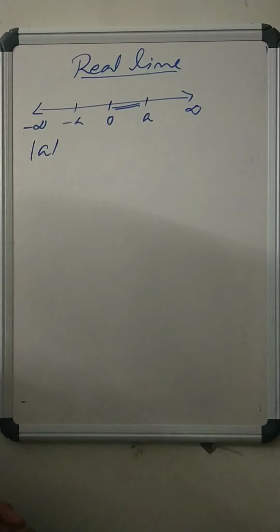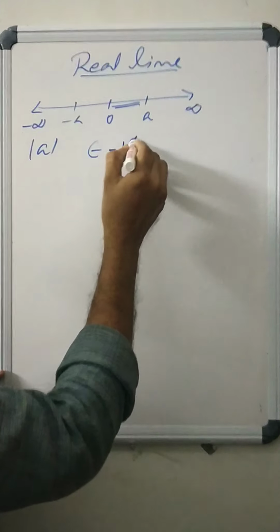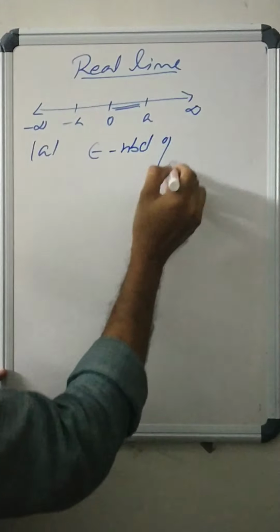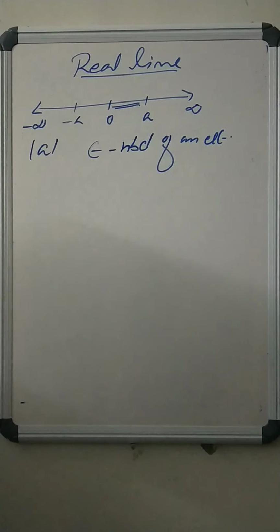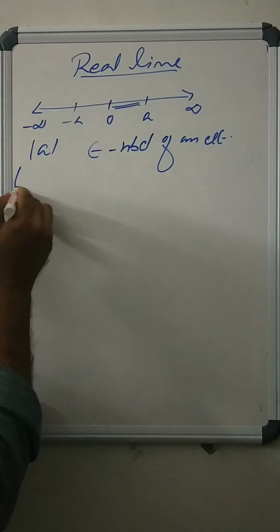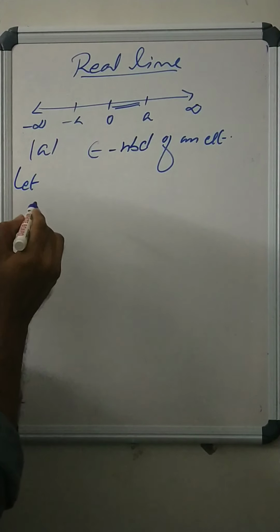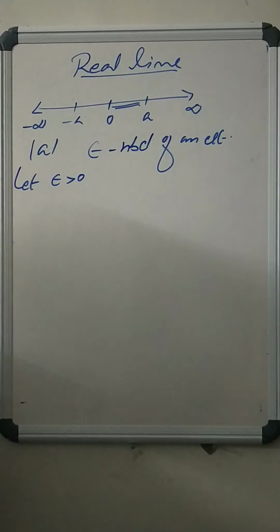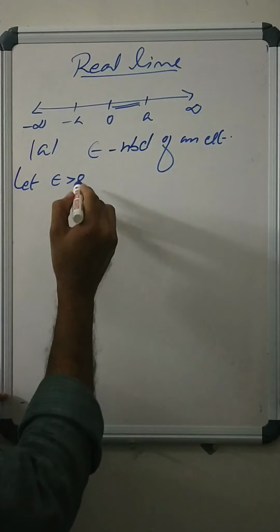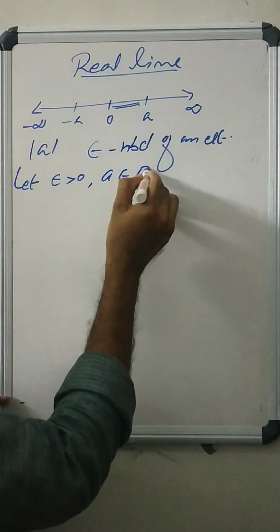Now we define an epsilon neighborhood. That's a new term: the epsilon neighborhood of an element. What is an epsilon neighborhood? Epsilon is usually chosen as a positive quantity. So let epsilon be positive and A be in R, any real number.